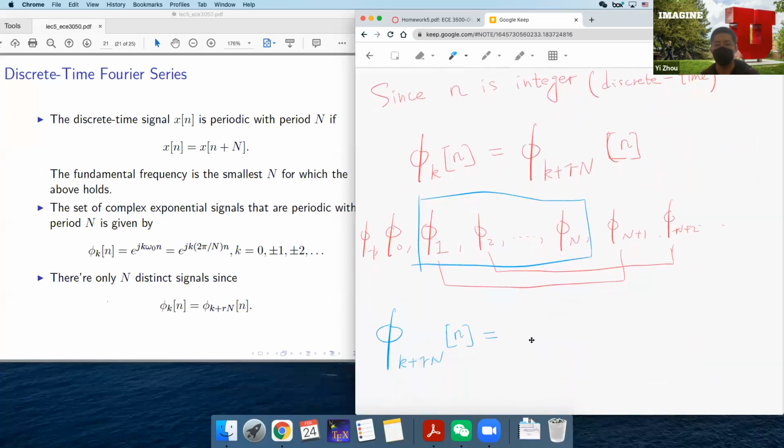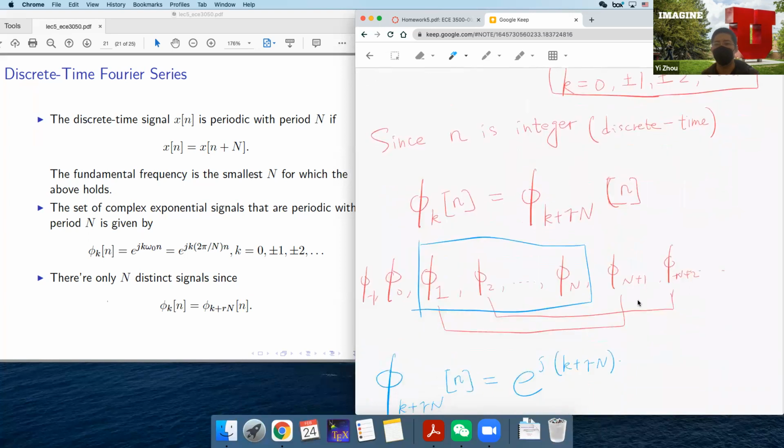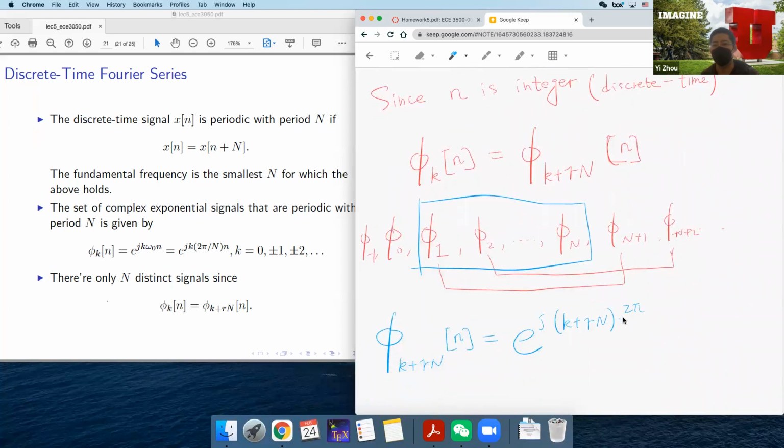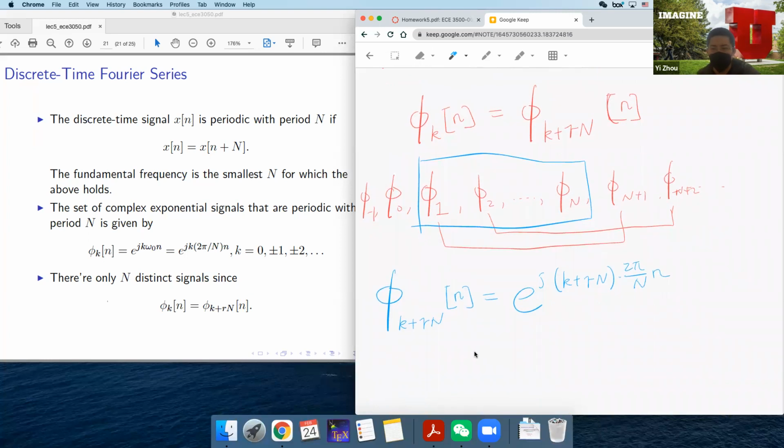That gives us e^(j(k+rN)(2 pi/N)n), and then we can decompose it into two parts.